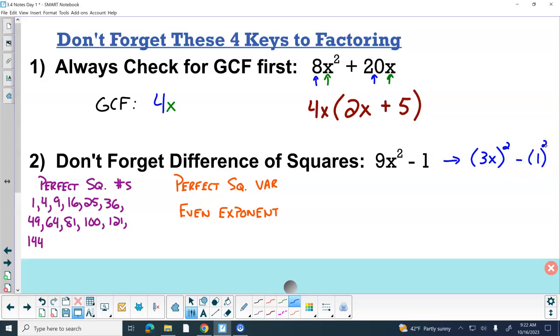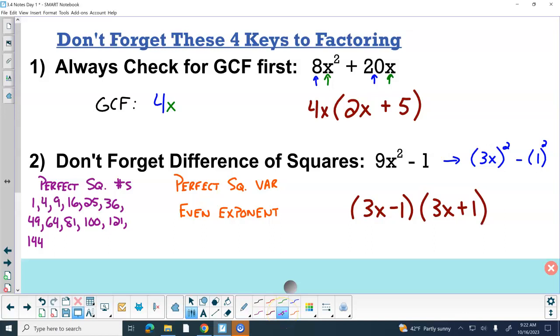Where you are squaring 3x to get 9x squared, you're squaring 1 to get 1. Okay? If that's the case, then it factors to be 3x minus 1, 3x plus 1. One of them minus, one of them plus, on a difference of perfect squares.